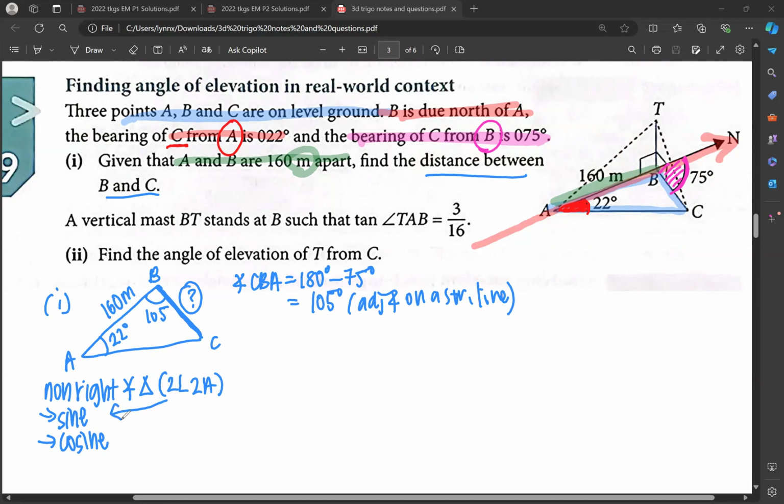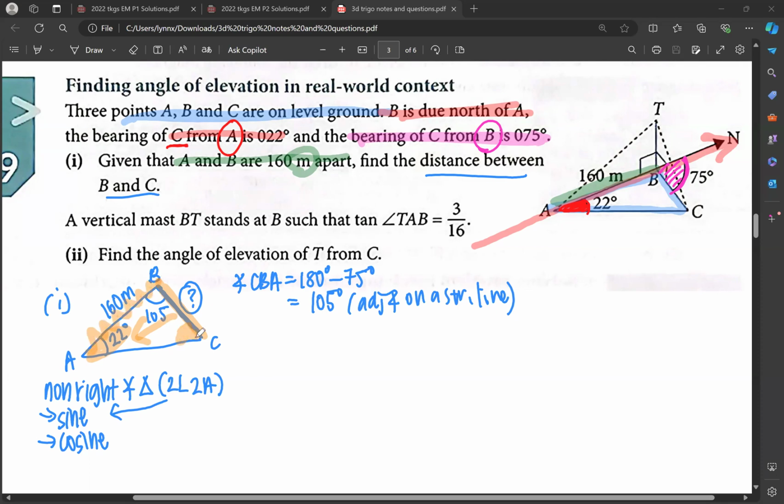So what's your sine rule? How to use your sine rule? This is what I want to find, right? So this 105 must match with which angle? BAC, because they must be opposite, correct? And 160 will match with BCA.